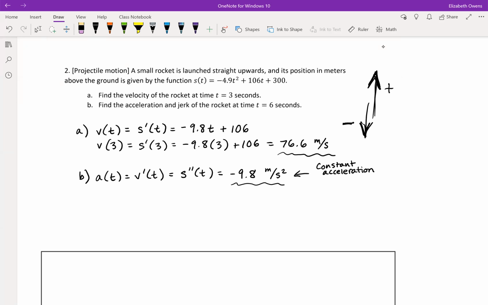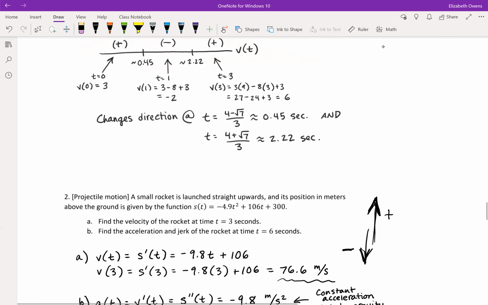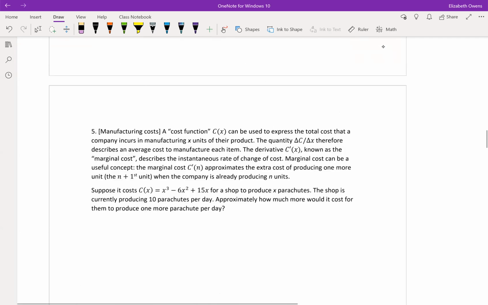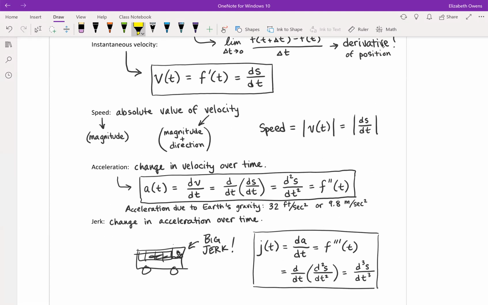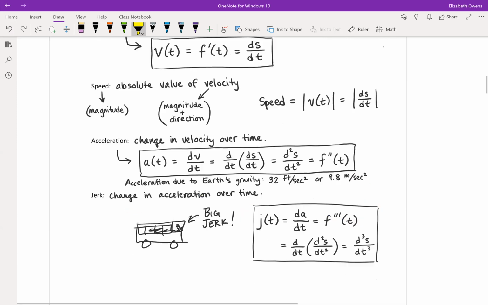That constant acceleration is actually due to gravity, pulling it back down towards the surface of the Earth. That negative 9.8 meters per second squared is a constant we looked at earlier: acceleration due to Earth's gravity. That's exactly what we're seeing in this rocket problem.